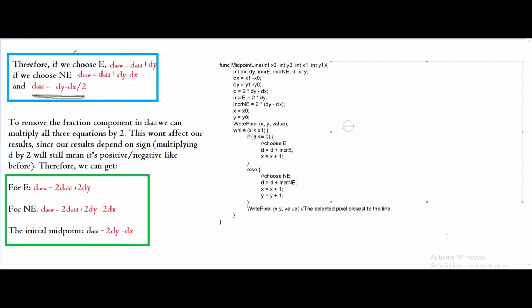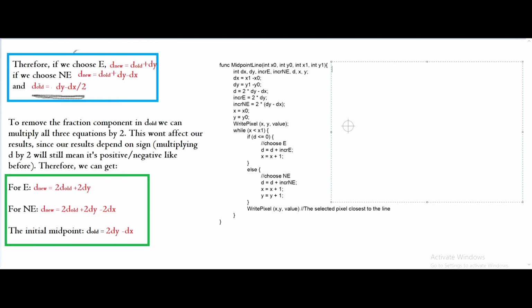Okay, so we are almost at the end now. In the last slide, we found these three equations for D new, one for E, one for NE, and D old. We can write them in another way because you can see that there is a dx by 2 here, which means there is a fraction. In order to remove this fraction, we can multiply all three equations by 2, and this will not affect our results because we only need the sign of d.